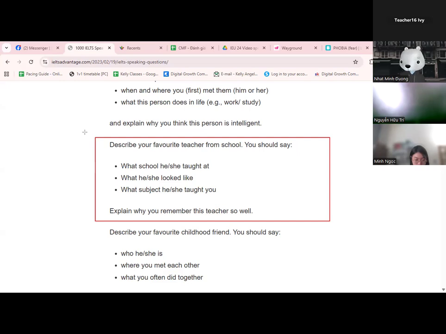I would like to describe my favorite teacher from school, and that teacher is an English teacher. I learned from her for 3 years when I started high school. She is short and a little bit chubby, but really cute, and she had short hair. When she stood with other teachers, she looked really outstanding.